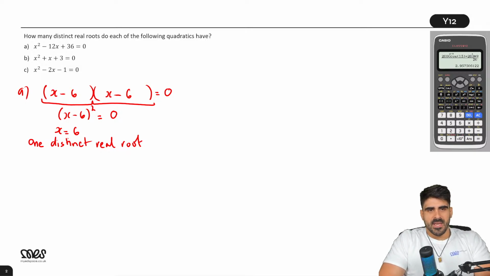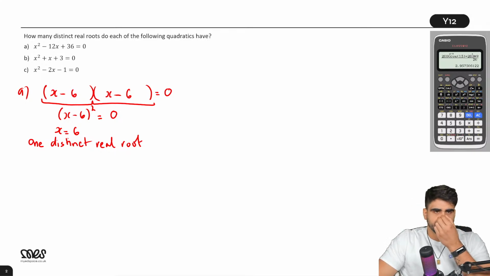All right. Now in part B, what should we do in that one to find the roots? Any ideas? Quadratic formula? Yeah, I think here would probably be a good idea to do the quadratic formula, right?